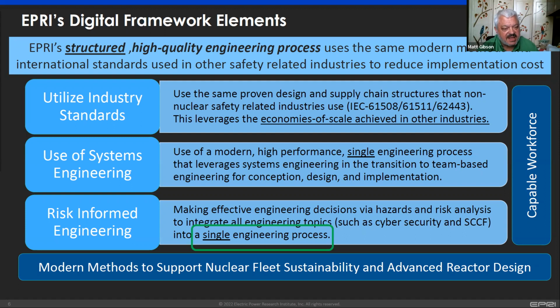So the process is the same. So we don't have an independent process for one kind of topic and a different process for another kind of topic. It's all the same topic. You bring it in to a common requirements funnel, if you will, and then you implement through that single process.